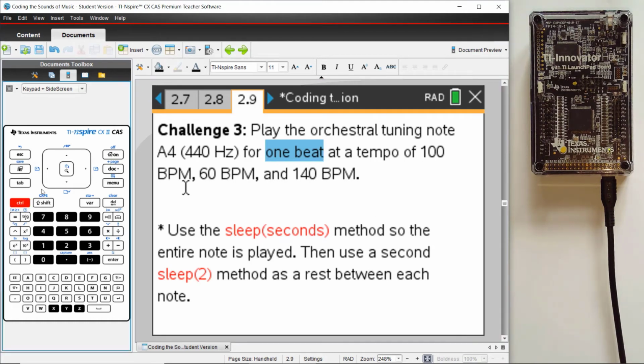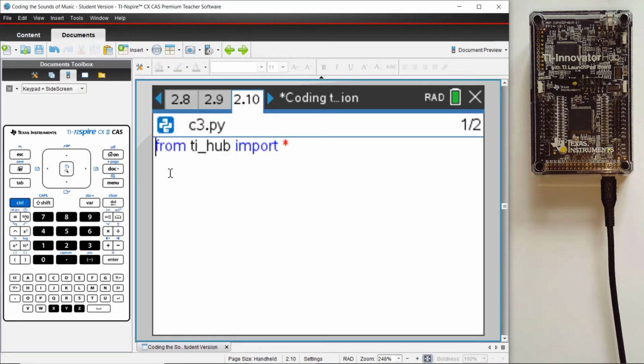I'm going to go to the next page, and here is my hub import. I'll move my cursor using the trackpad all the way to the end, and I'll press enter to go to the next line. And I will then use my first command that I learned about earlier, the tone.